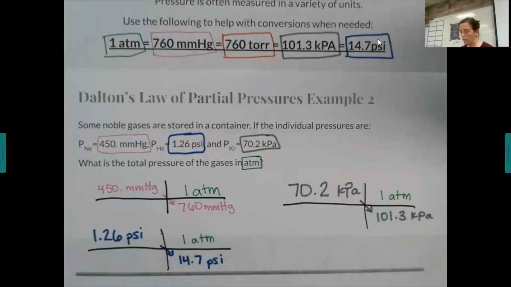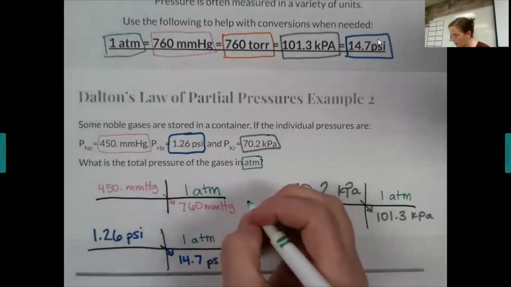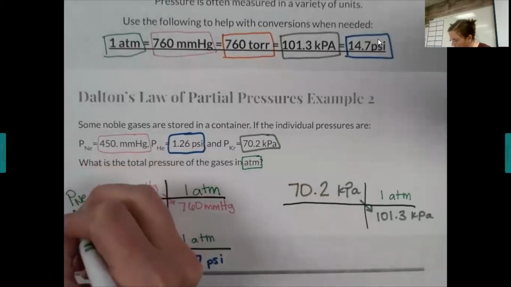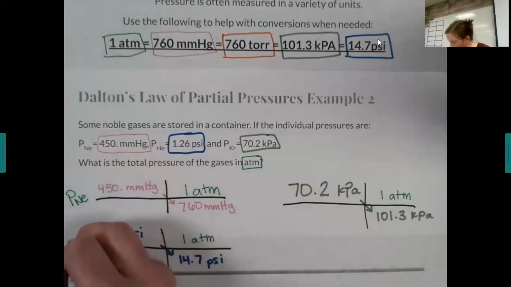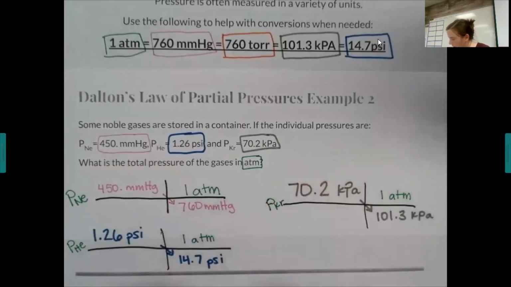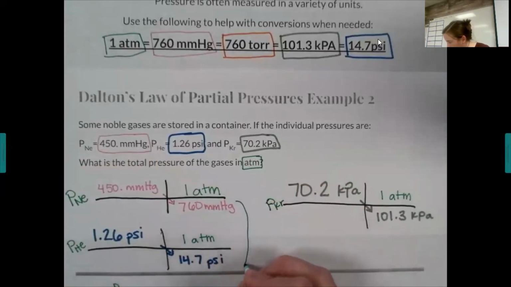When you do that, we should get, there it is. This is for P neon, this is for P helium, and this is for P krypton. P neon ends up equaling 0.592 atmospheres.